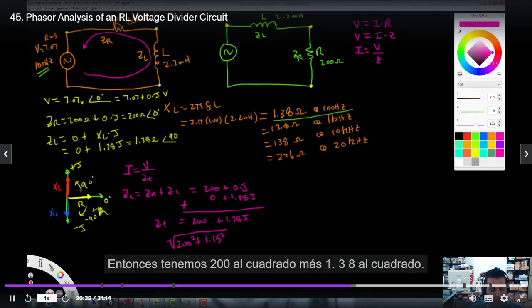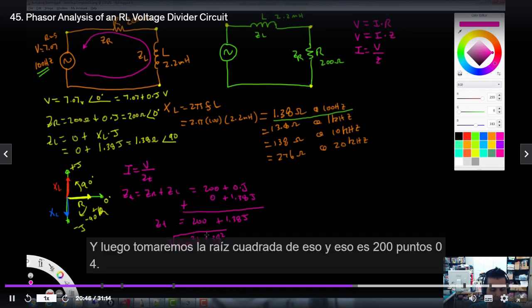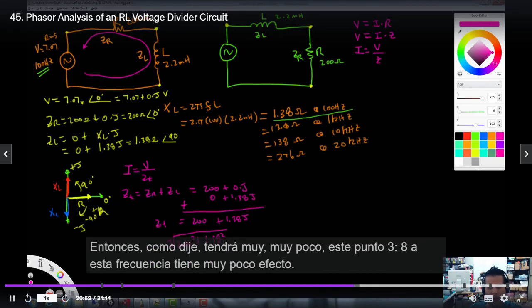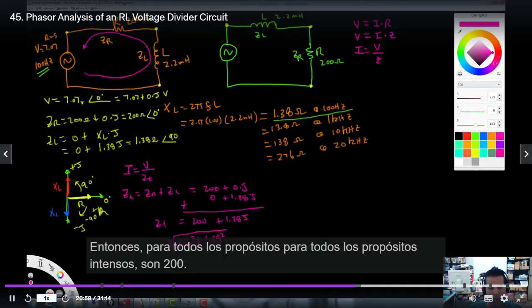We take the square root of that, and that's 200.004. So as I said, this 1.38 at this frequency has very, very little effect. For all intents and purposes, it's 200.